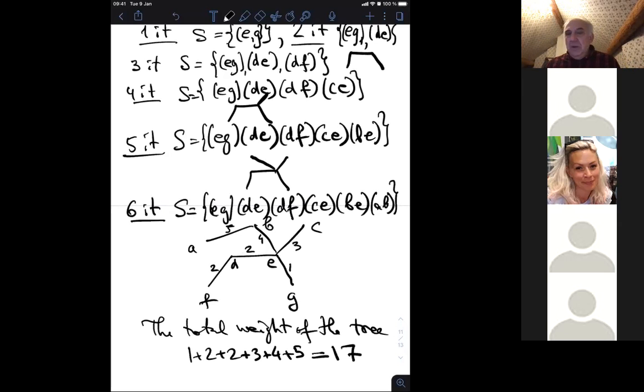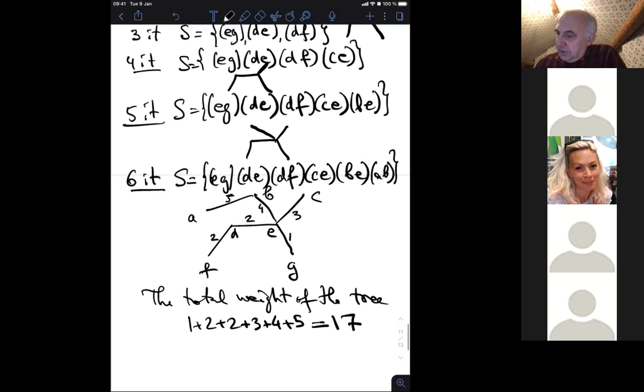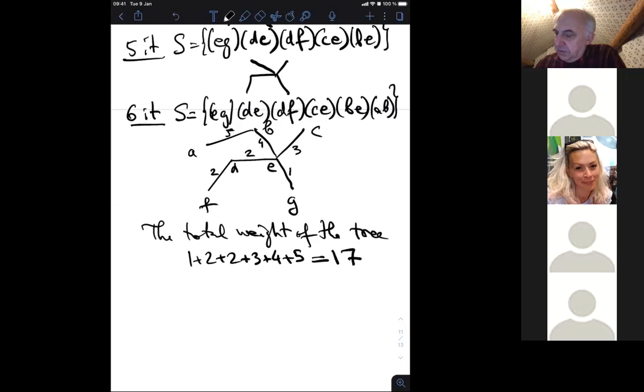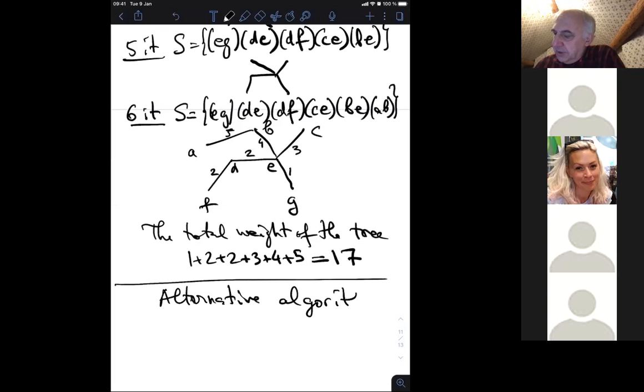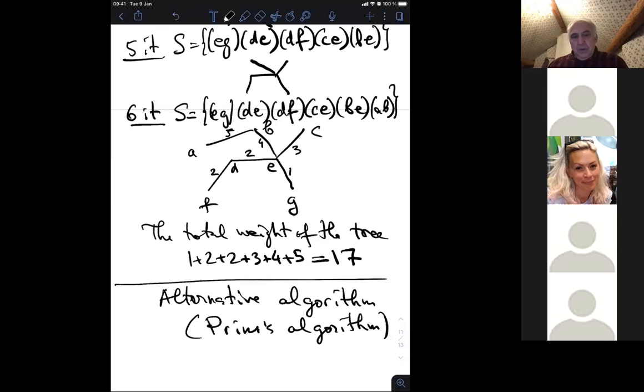So this is an algorithm due to Kruskal, which is based on edges. There is an alternative algorithm due to somebody called Prim, whom I never heard of, and it's based on vertices instead. Okay.